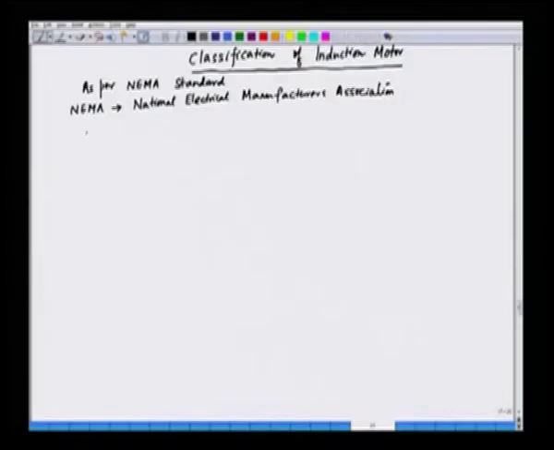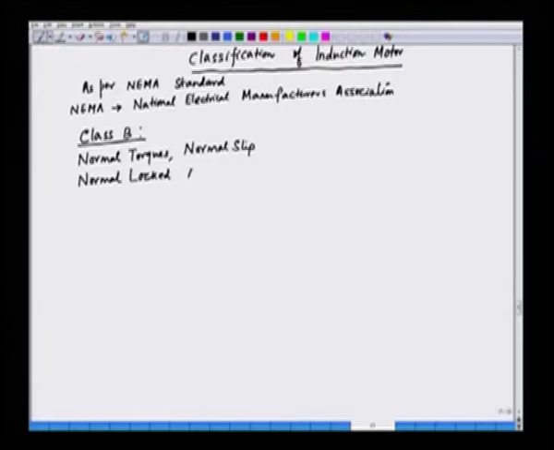Now, class B has got normal torque, normal slip, and normal locked ampere, and the full load slip is less than 0.04.